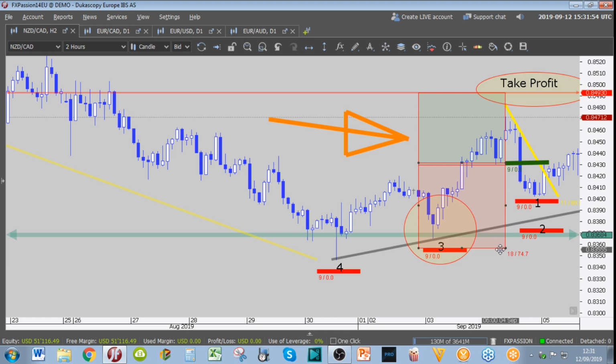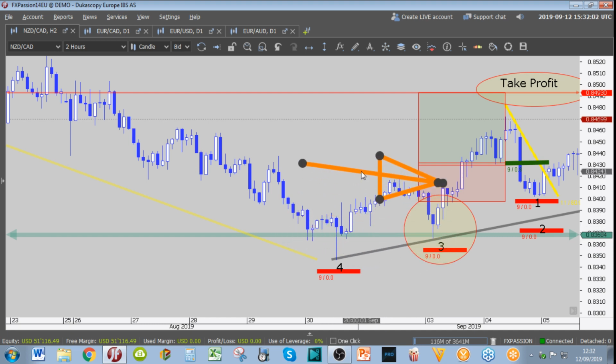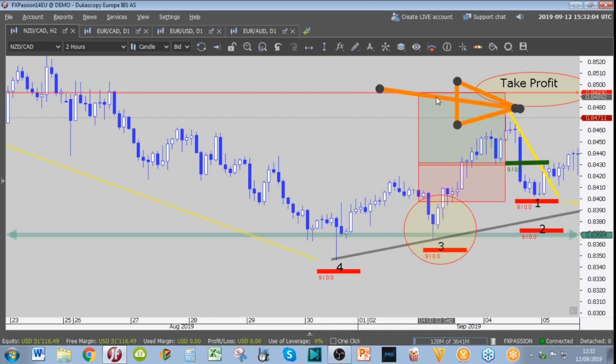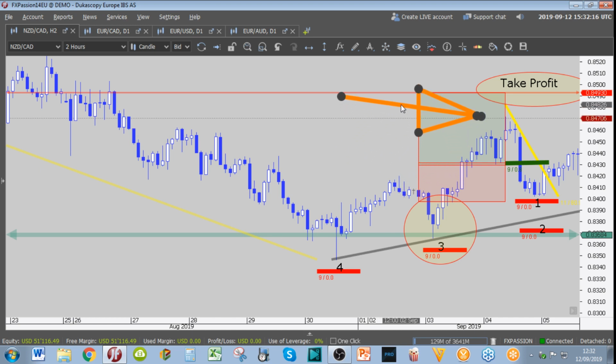Well, I'm going to shorten my stop loss to 1. But you said that the most logical place is number 3. Yes, it is, but I don't have any other chance. If I want to take advantage of this opportunity, I need to shorten my stop loss in order to get more profit.